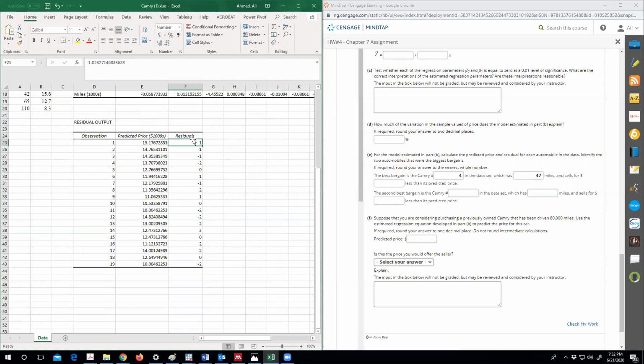So let's keep at least 2 decimal places so we can see which is the better bargain. 2.32, and this is 2.21. So I think this is a better bargain, number 12.